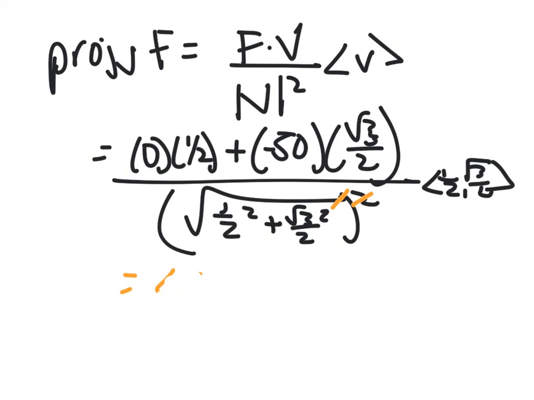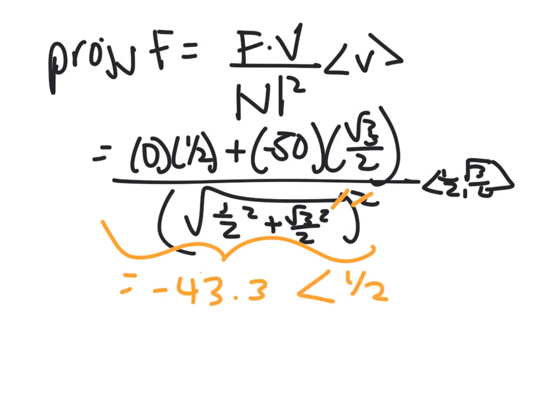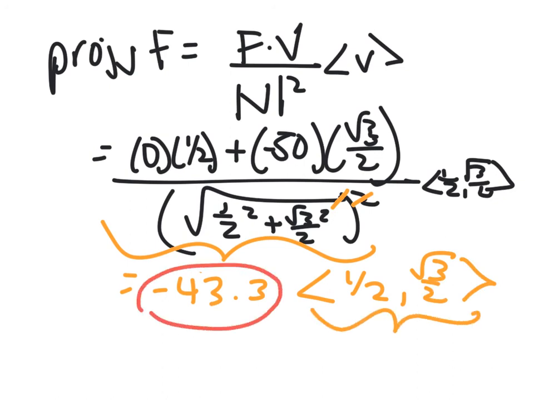So when you do this whole entire thing, you end up with negative 43.3 times 1/2, square root of 3 over 2. So this really is the vector, but this is how much force is going to keep her from sliding down. If we go back to the diagram, since the force is going down the hill, that's what the negative is for.